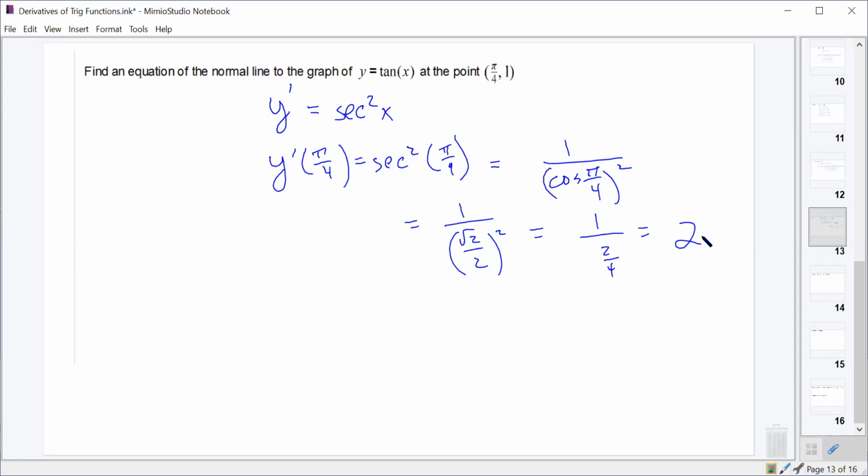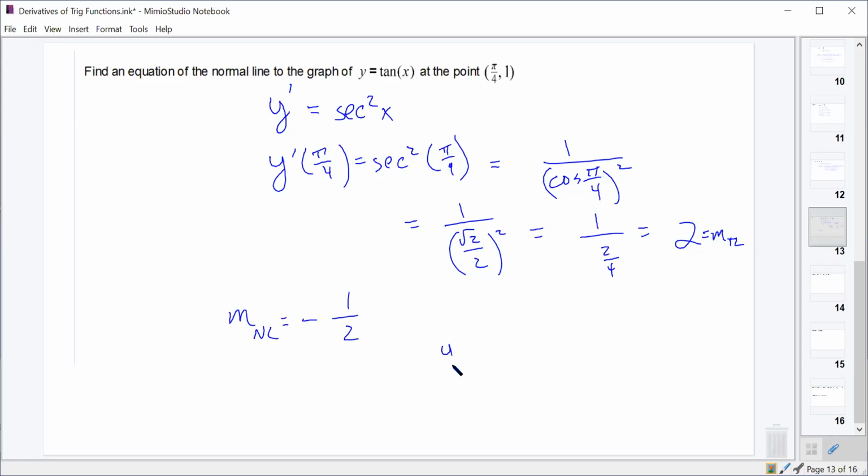So the slope of the tangent line is 2, which tells us that the slope of the normal line is negative, not negative 2, the opposite reciprocal, so negative half.